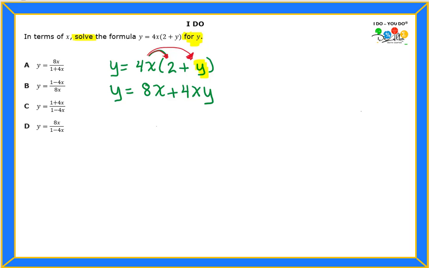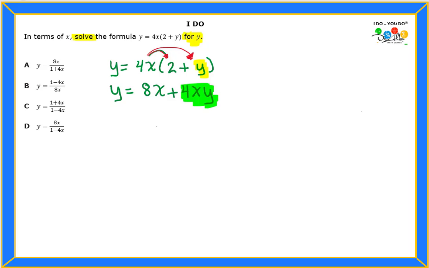So now at this point, I know I need to move the y term to the left, right? This term right here, I need to move it to the left because it has a y. And I know what you're thinking, but it has a 4 and an x. That's okay. As long as I move everything that contains the y, we will see what the next step will be.